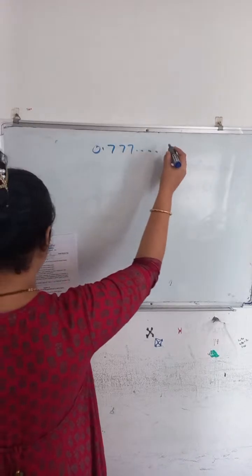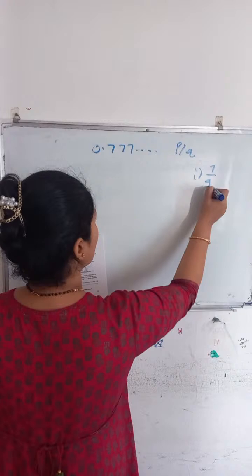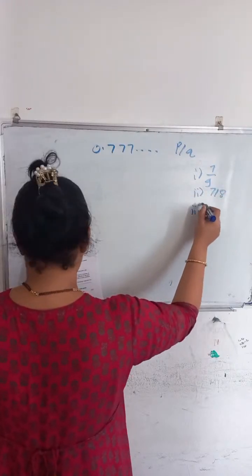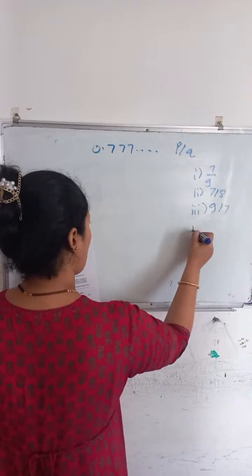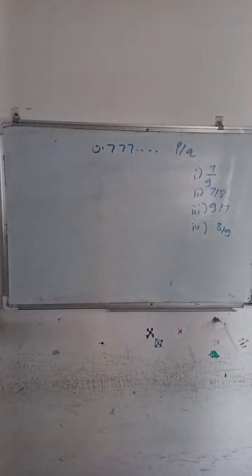Options are given: 7 by 9, 2 by 7 by 8, 3 by 9 by 7, and the last option is 8 by 9. So after the decimal point only digit 7 is there, and that 7 is repeating here.